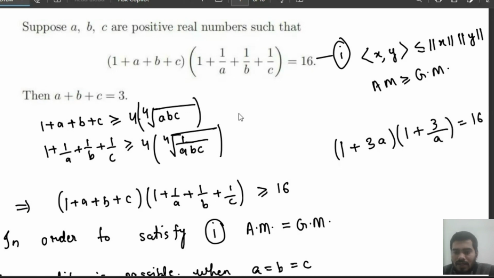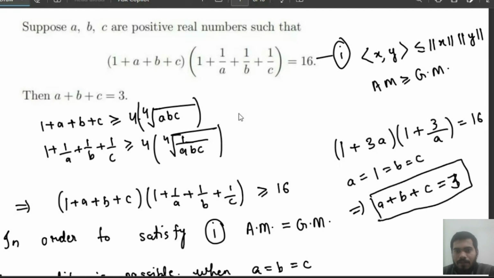Now you can easily solve for A, and what you will get is A equals 1. And this will imply A + B + C equals, oh sorry, 3. Because A, B, C were equal and the value of A is 1, so the values of B and C should be equal to 1 too. Got it? So this is also true.